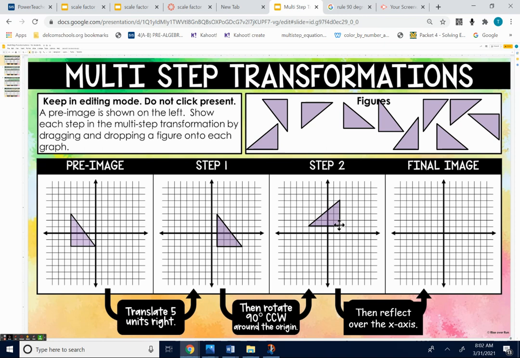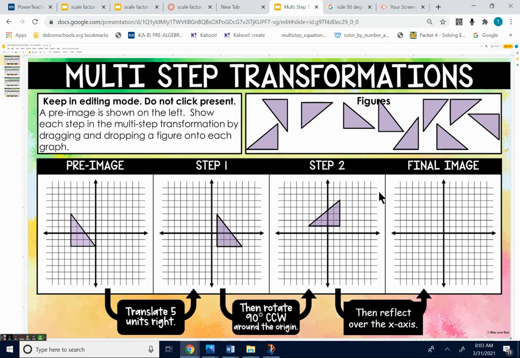This point here is one space above the x-axis. The reflection point would have to be one space below. This point is one space above the x-axis. Its reflection point would be one space below. This point, 5, 2, 3, yep, is 5 spaces above the x-axis. So its reflection point would be 5 spaces below.